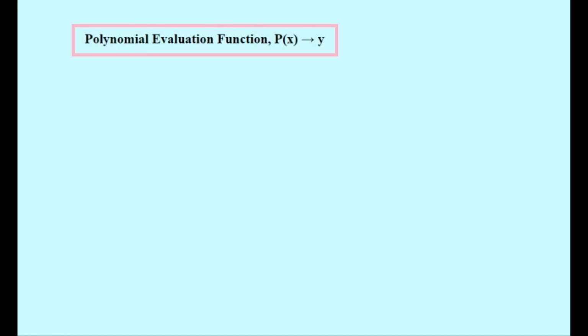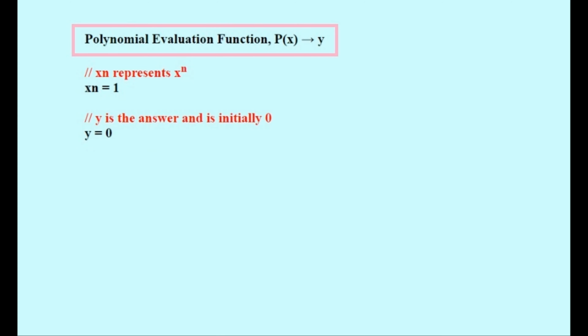And now to write a function that evaluates a polynomial for a particular value of x, like for example x is equal to 1 or x is equal to 2. We first set a variable equal to 1, which will then equal x, and then x squared, and x cubed, and so on.